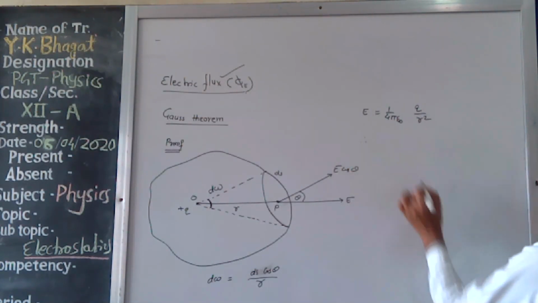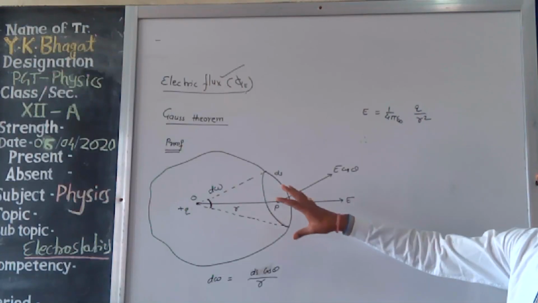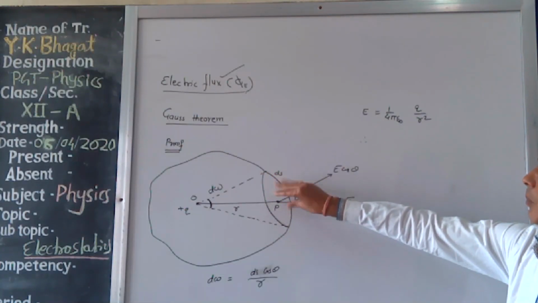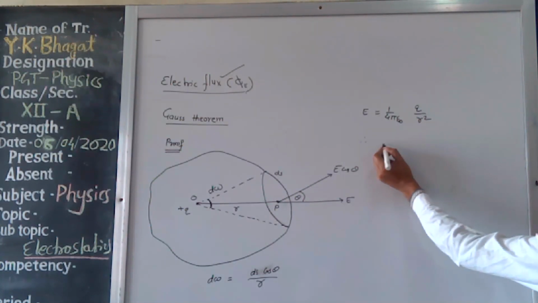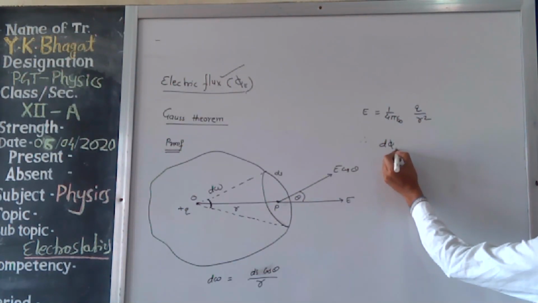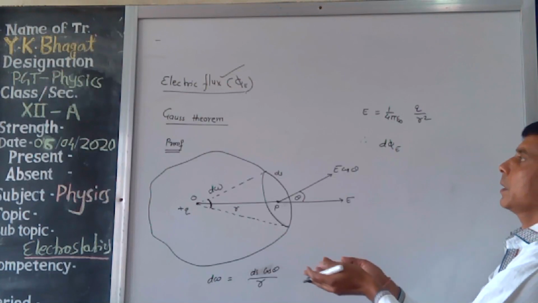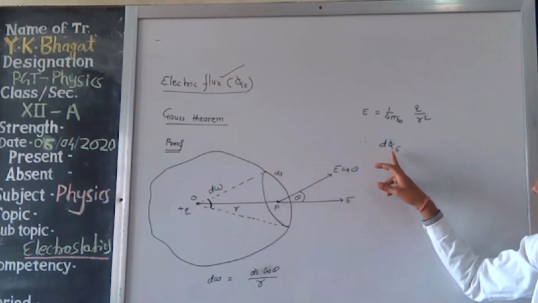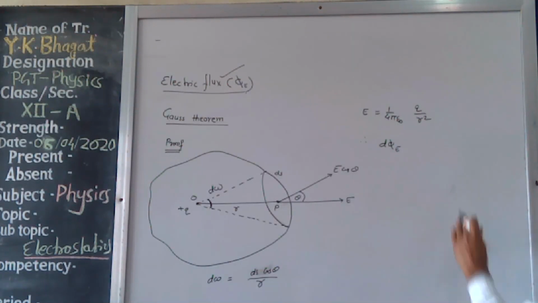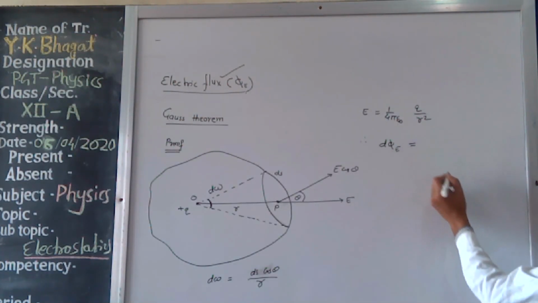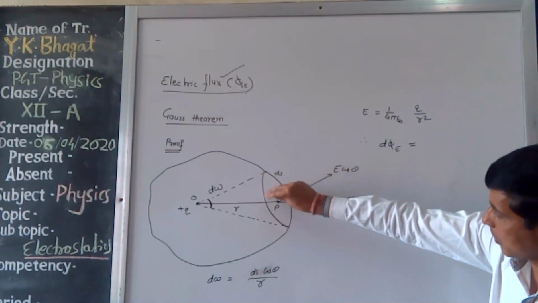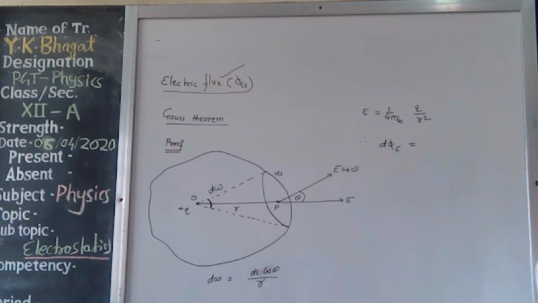Therefore, the total flux passing out from this small area will be d phi. For the complete area we take phi, but for a small area ds we take d phi. Then d phi E means the total flux passing out through this small area.